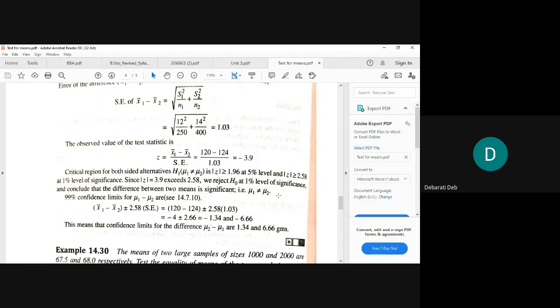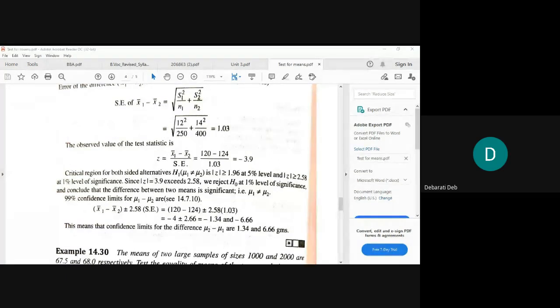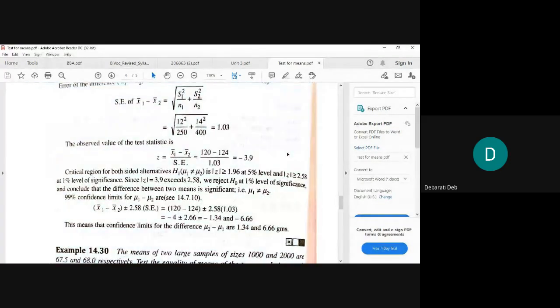Therefore, we need to conclude that the difference between the two means is significant, that is, mu1 not equals to mu2. Since we are rejecting H naught, we will have to accept H1. And since we are accepting H1, that means we are concluding that the difference between two means is significant.